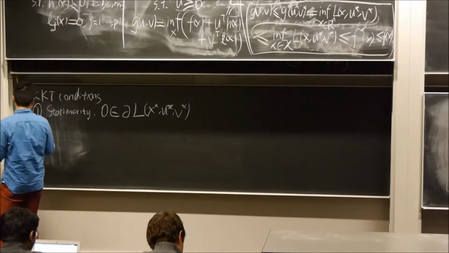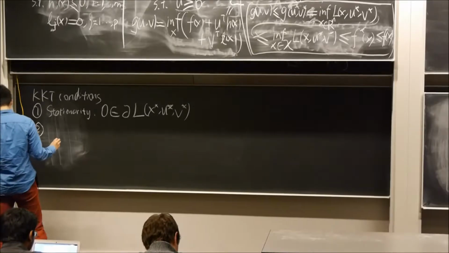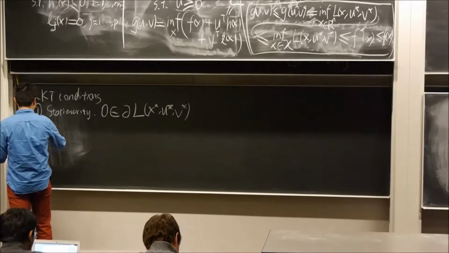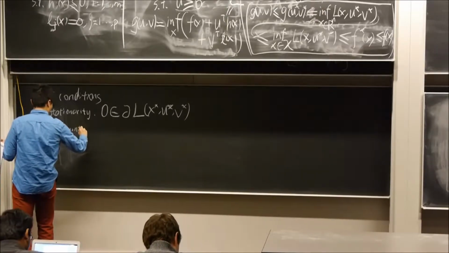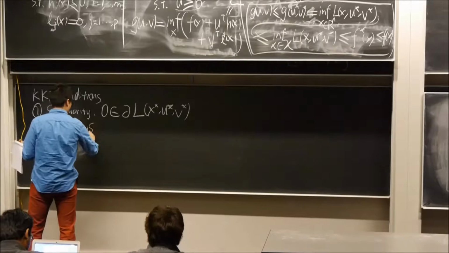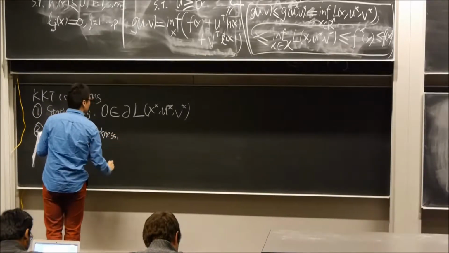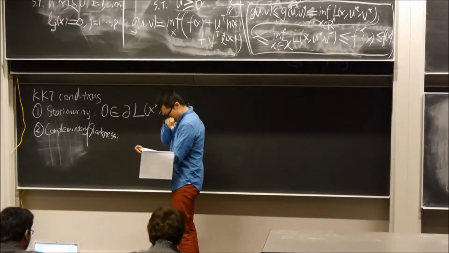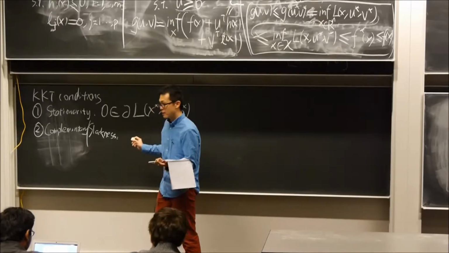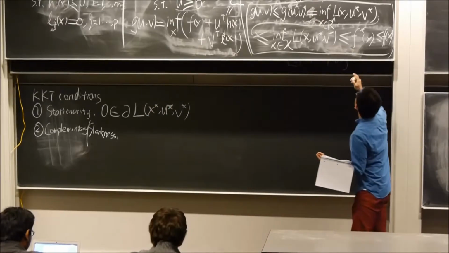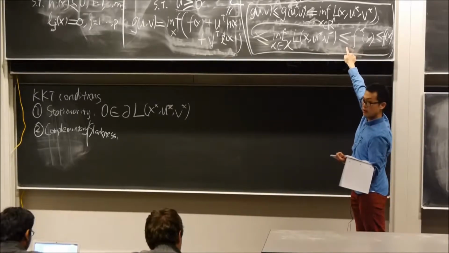And the second condition in the KKT conditions is the so-called complementary slackness. This is simply by the fact that at optimality we need this inequality to be equality.